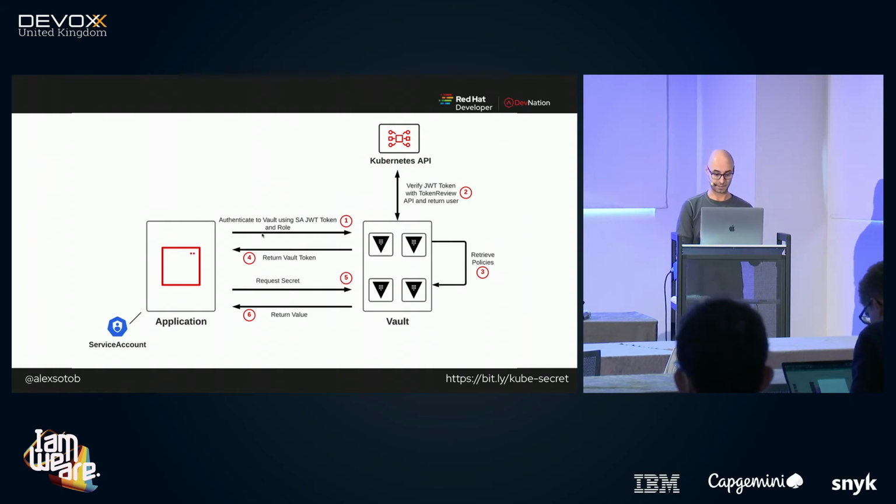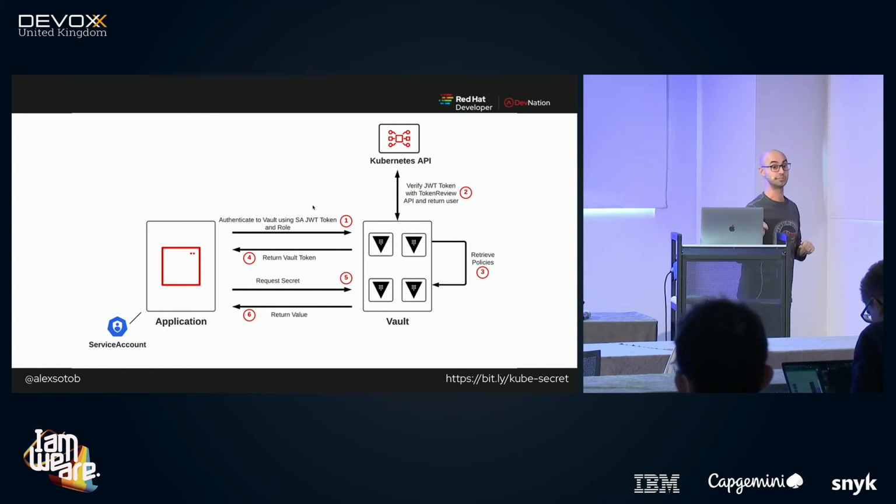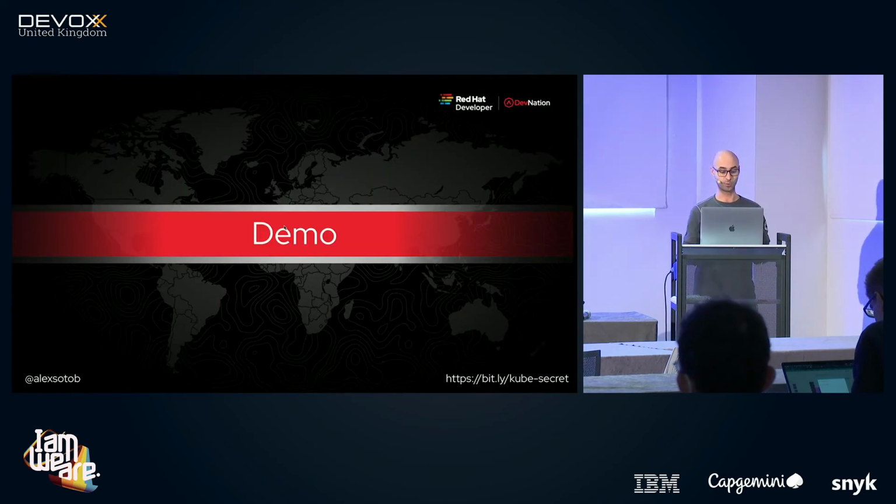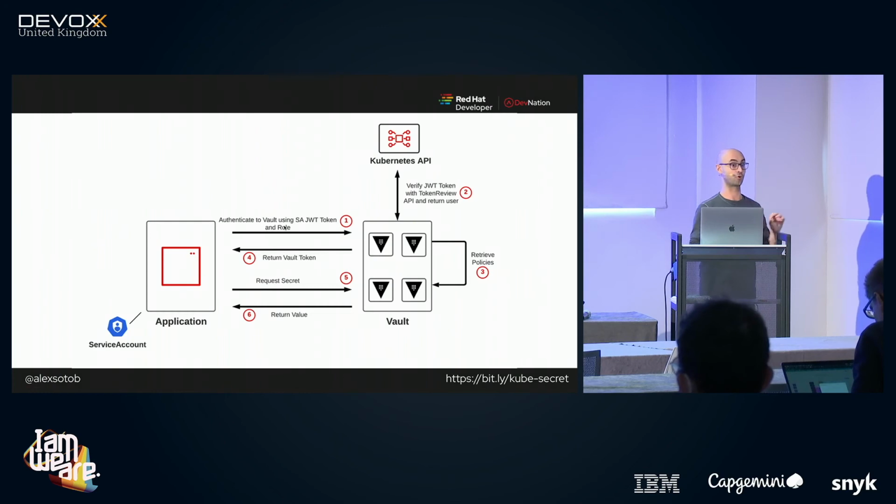But in any case, the first thing that you need to do to authenticate to Vault is use the service account JWT token. When you create a service account with Kubernetes, you get a JWT token, and you also need to provide a role.